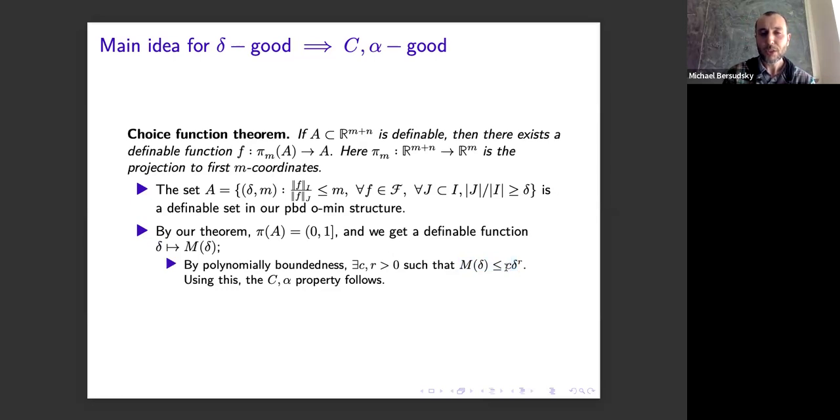And using this control, we can prove the C alpha good property. One important thing in the next step is to use the fact that every o-minimal function has finitely many connected components. Moreover, all of those linear combinations have uniformly finitely many connected components.